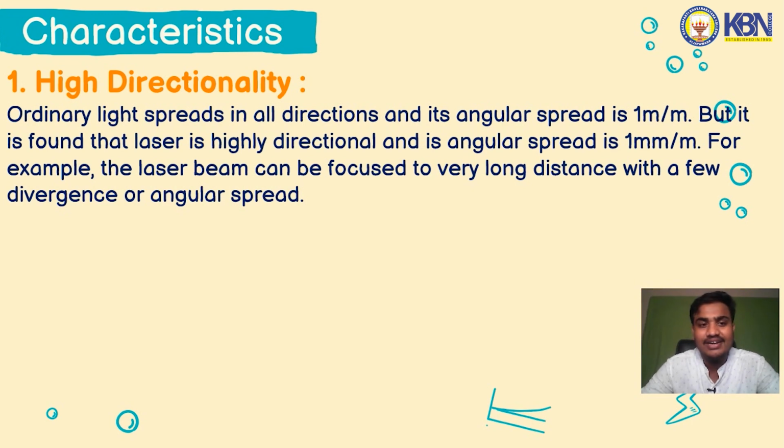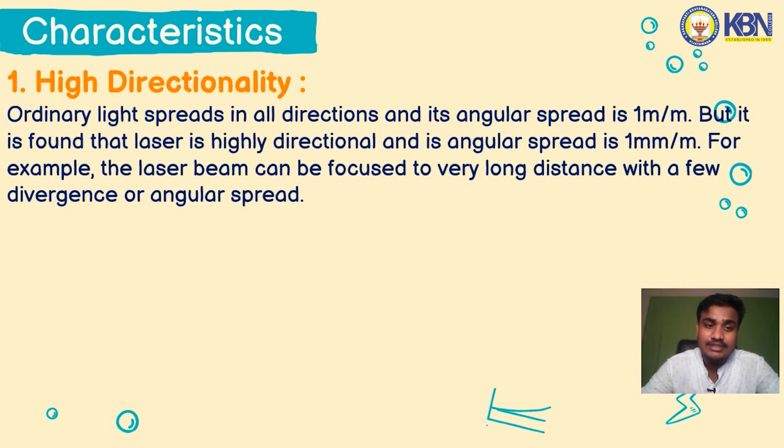Why? Because ordinary light spreads in all directions. But it is found that laser is highly directional as compared to ordinary light, and its angular spread will also be less compared to that of ordinary light.